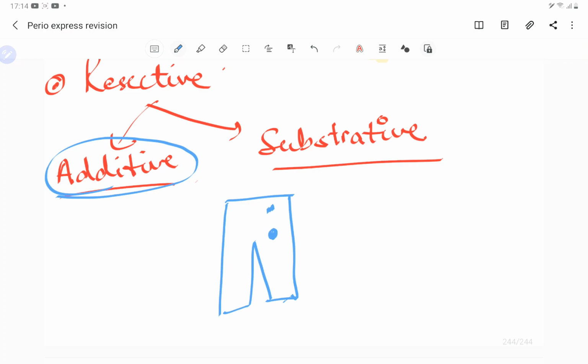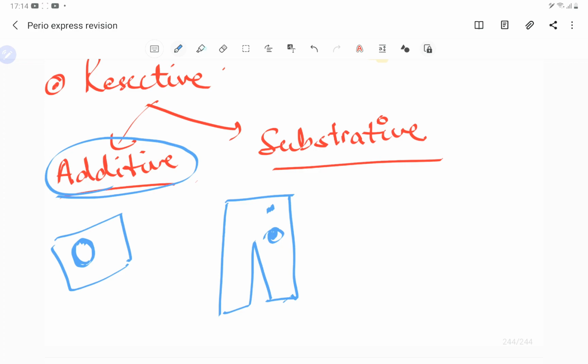So all the regenerative surgical procedures, all the reconstructive surgical procedures, are like this. Say suppose there is a fenestration, a window. What fenestration is, is just like a small hole in the jeans.